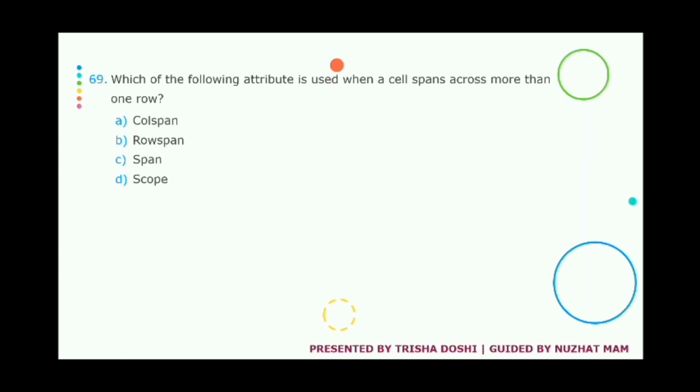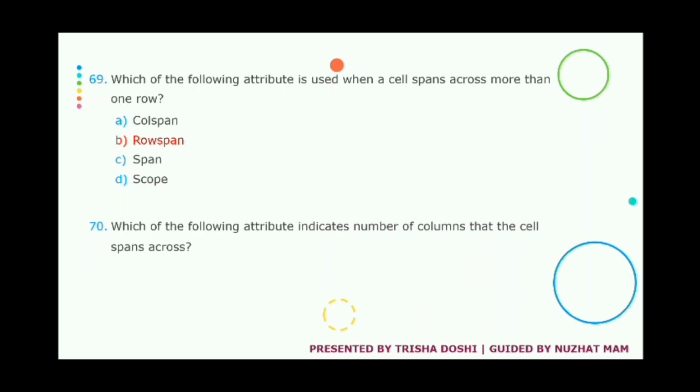A col span, B row span, C span, D scope. The correct answer is B row span. Question 70. Which of the following attribute indicates number of columns that the cell spans across? A char, B col span, C no rep, D row span. The correct answer is B col span.